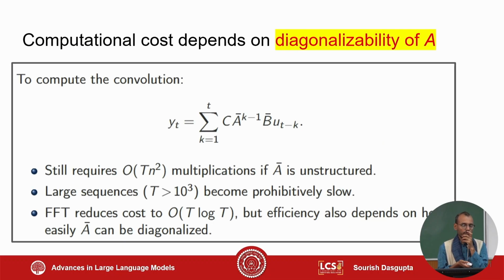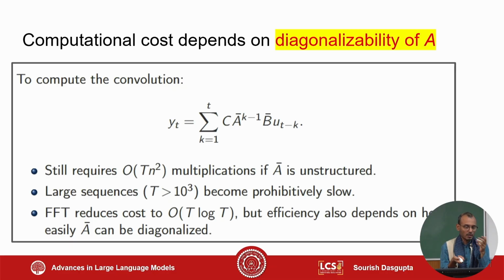The third problem is the computational cost of the diagonalizability. If you have to make A diagonalizable, you have to diagonalize it. That has its own computation. These are not small matrices, right?